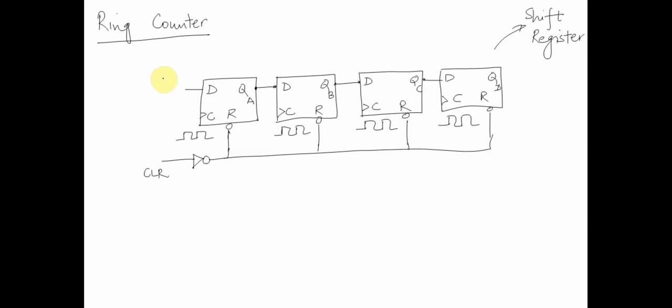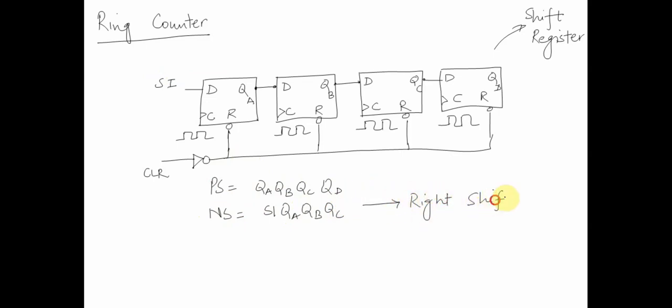We will have a serial input SI, and if QA, QB, QC, QD is the present state, the next state would be SI, QA, QB, QC. So basically we had a right shift operation over here, assuming QA is the MSB.